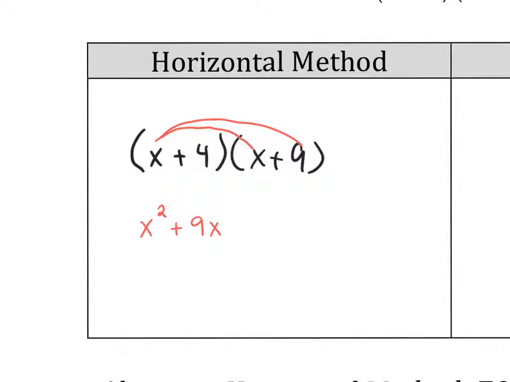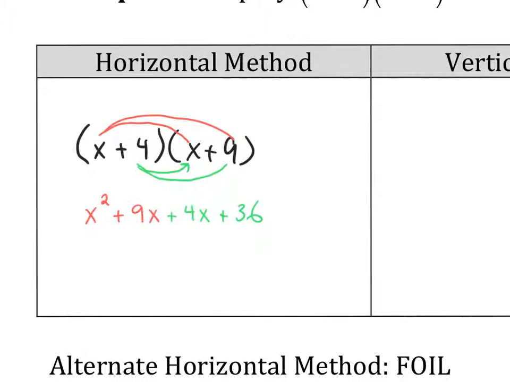Now I like to write my next arcs underneath just so that I don't get all this overlap stuff. So now I need to take the 4, the positive 4 more specifically. The positive 4 has to be sent to this x to get a 4x. We multiply. And then the 4 times the 9 is a 36. So what I just did right here was double distribution.